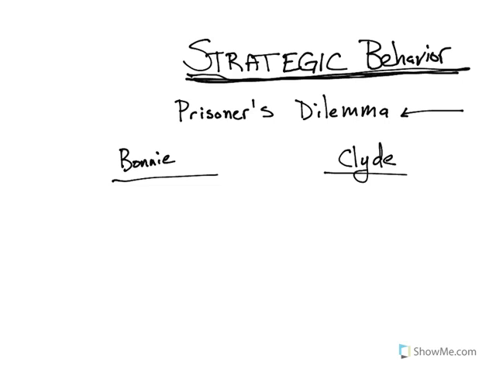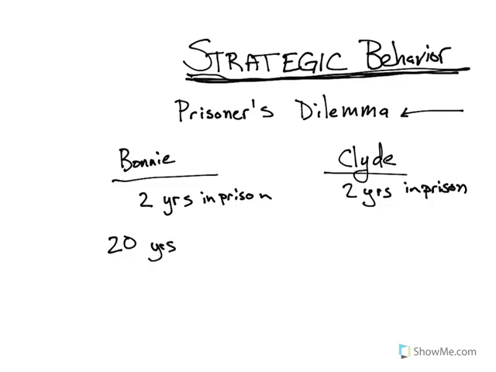So this lesser charge can earn them 2 years in prison. So they're both facing 2 years in prison for the smaller violation. Now, if they go to jail on the bank robbery charge, what they're suspected of, they would get 20 years in prison.